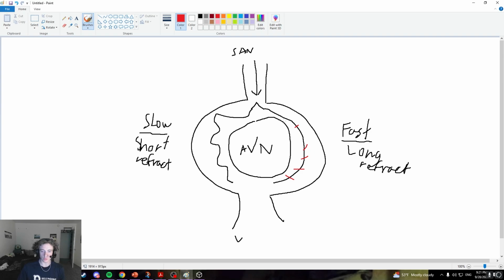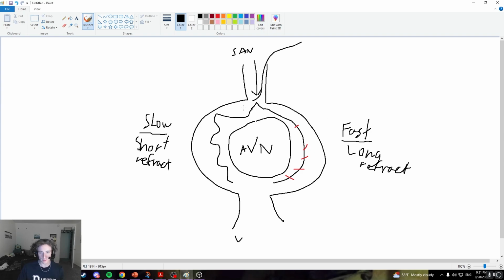Now, if during this time, remember what we said, the slow pathway has a short refractory period. If during this time we get another signal, like an ectopic signal, then that's going to come down, right? But it's going to hit this fast pathway. It's going to be still refracting, right? It's going to be unable to take an action potential.